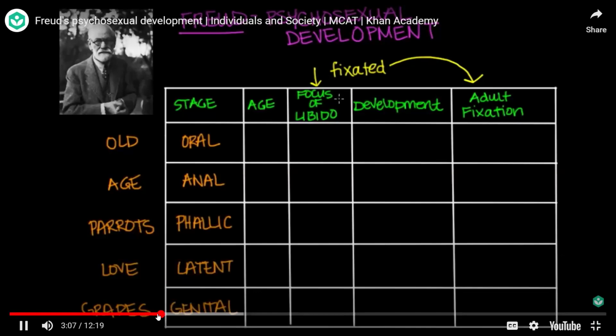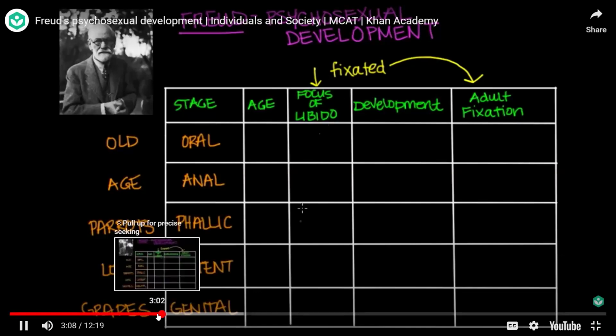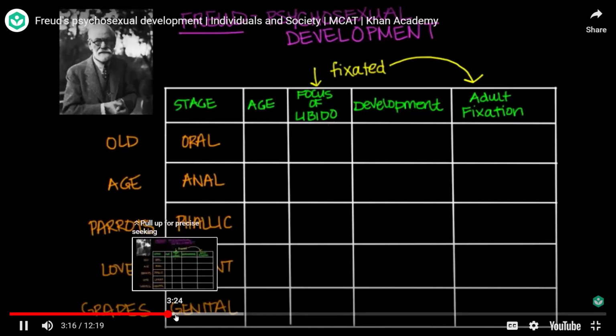Talking about how this fixation of libido is focused on different parts of the body, depending on what stage we're at, there's going to be a certain fixation of this energy at a certain body part. Let's pick a different color. Okay, so when it comes to oral, the part of the body that the libido is focused on is the mouth.